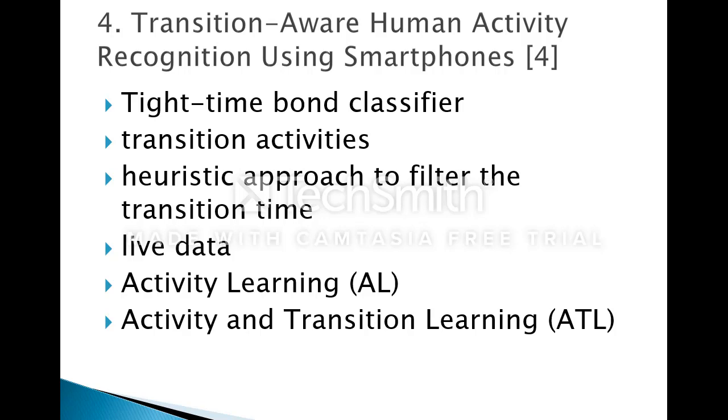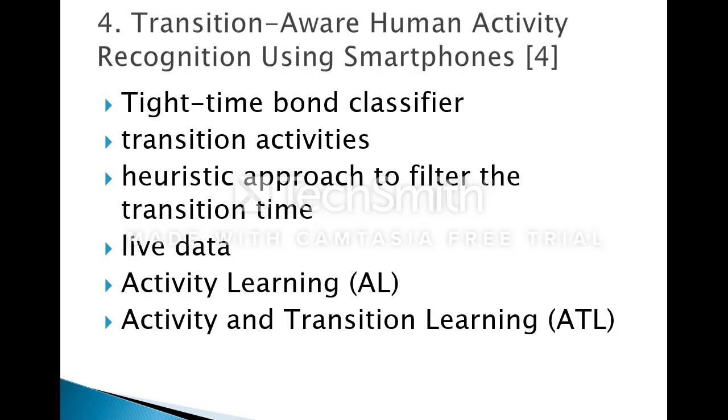Since there could be a huge set of transition activities, their work adds an ancillary category, so-called unknown activities, for new or exceptional transition activities.